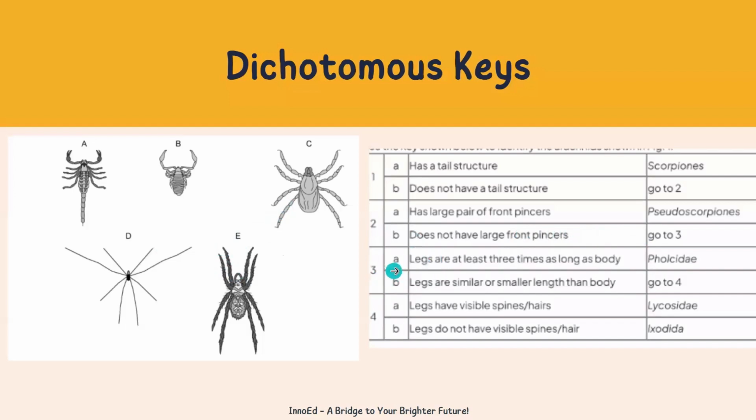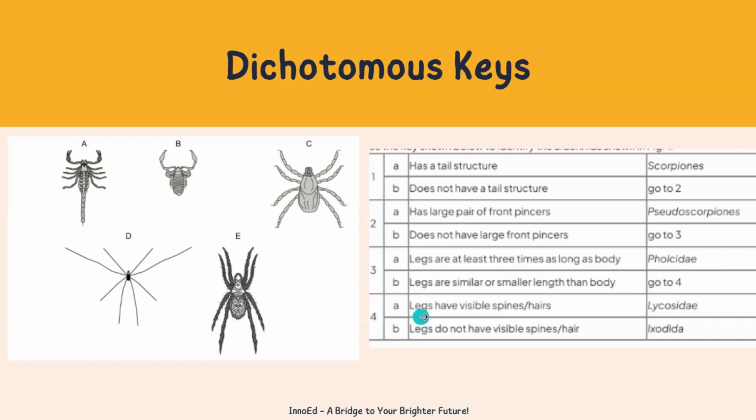So here 3A, legs are at least 3 times as long as body. So looking at the C, D, and E, only D, the legs of the D are at least 3 times as long as the body, just like the 3A statement. So the D belongs to this name. So we are left with 2 pictures, C and E. So 3B says, legs are similar or smaller length than body. So if it is so, move to 4.